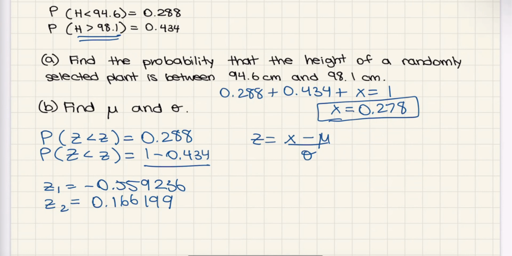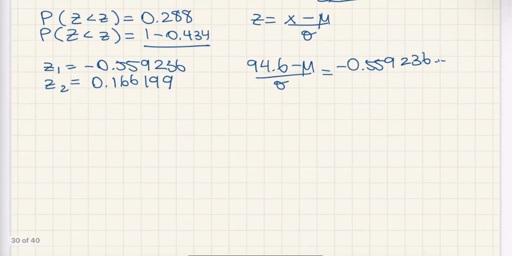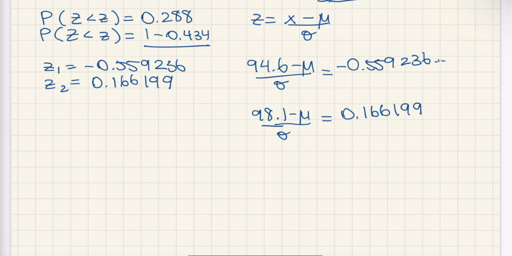So that means we need to figure out the standard deviation and the mu, given that 94.6 minus mu over the standard deviation must equal that first value we found of negative 0.559236. And also the next one, 98.1 minus mu over the standard deviation, is equal to 0.166199. So we need to solve these equations and figure out what mu and standard deviation are going to be.